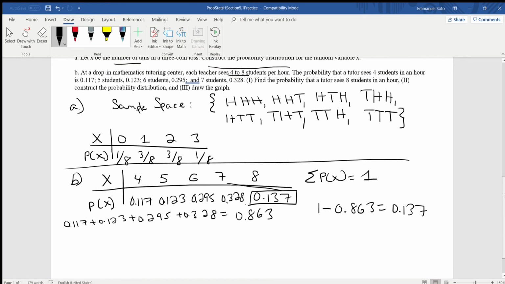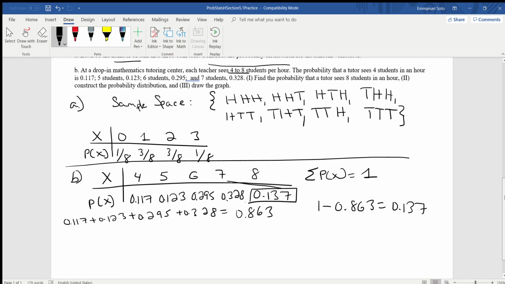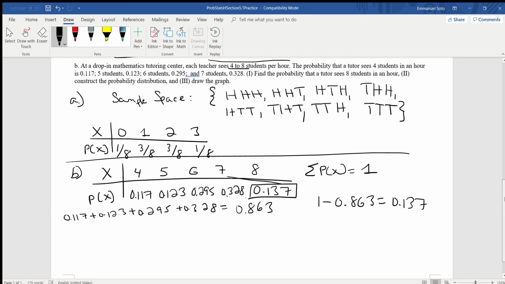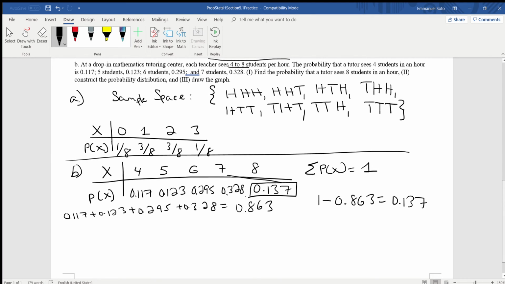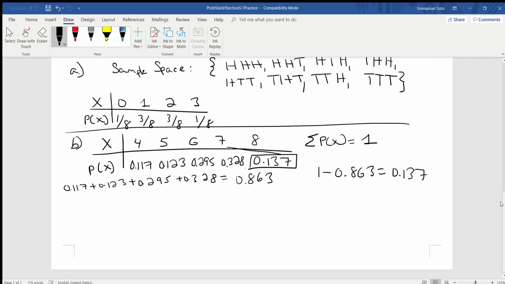They are also asking for us to construct a probability distribution, which is what we did, and then draw the graph. So you're just going to quickly draw the graph. Now you can go by whatever you want here. My smallest is 0.117. So what I will do is I would probably start at 0.1 and then go by 0.2s, something like that, maybe. Let's see.